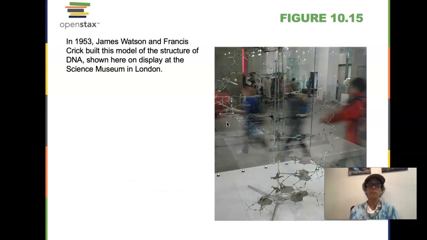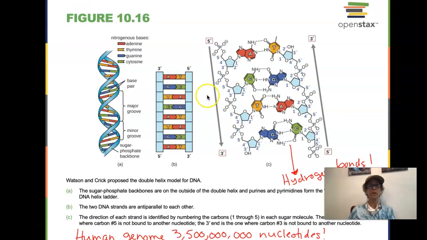Watson and Crick were building ball and stick models of DNA. So that is an incredibly complicated process. You saw all of the atoms that went into building just one nucleotide, and they were building dozens and dozens of nucleotides and then trying to put them together into that helix form. We saw just 3 nucleotides linked for one strand a few slides ago, but DNA is double-stranded. The bases face inward toward each other, and they have hydrogen bonds between them.